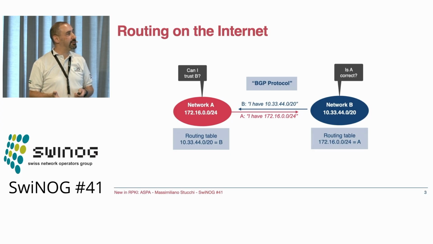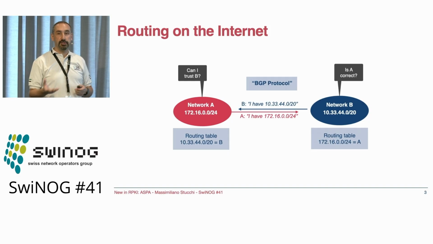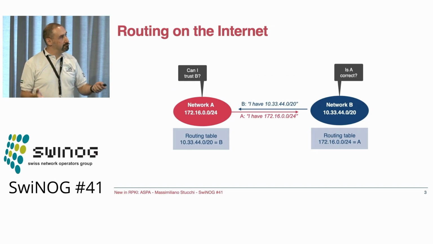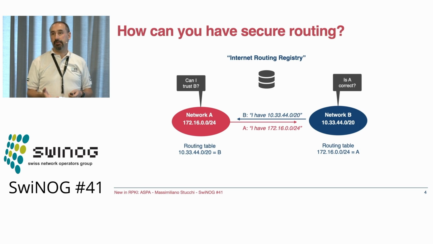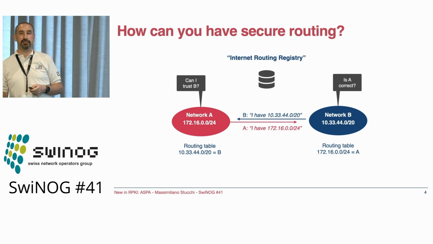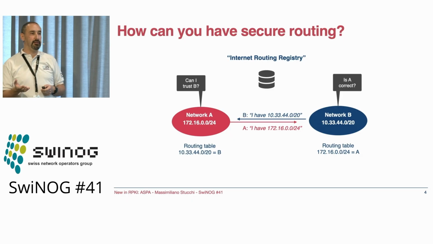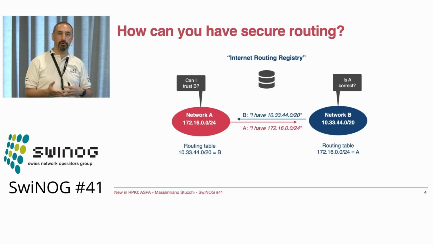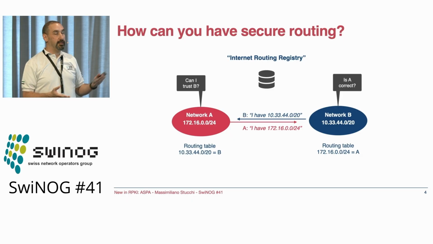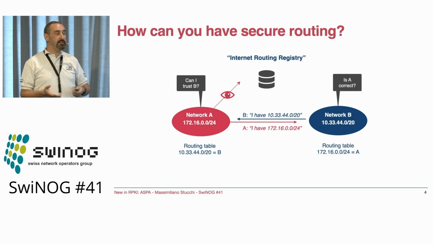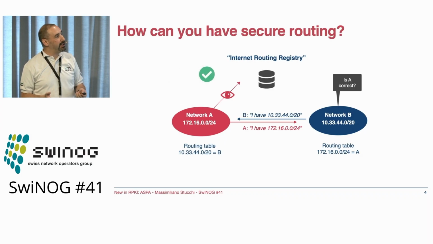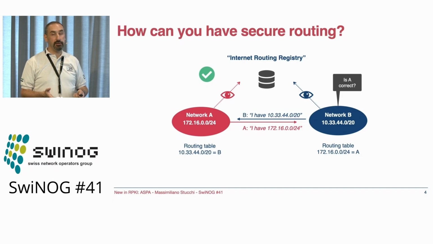So we have to introduce something external to answer certain questions, like, can I trust these people? So we have an external database that was built as a concept more than 30 years ago. And this gives us answers about where data could be originated, or who is supposed to be originating certain networks.